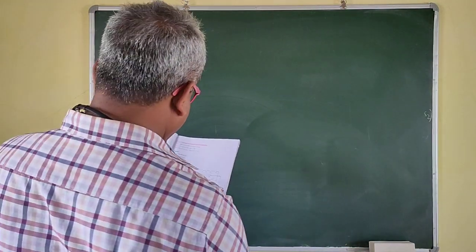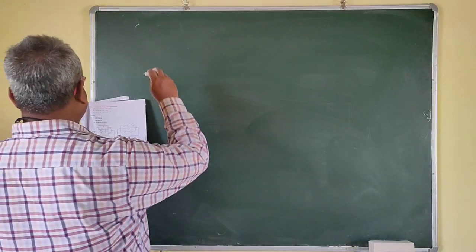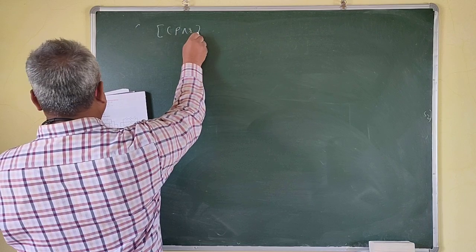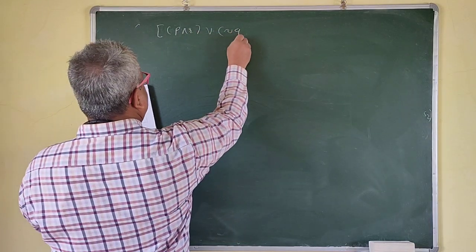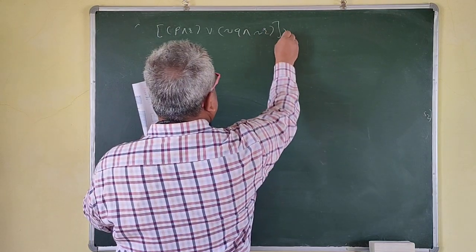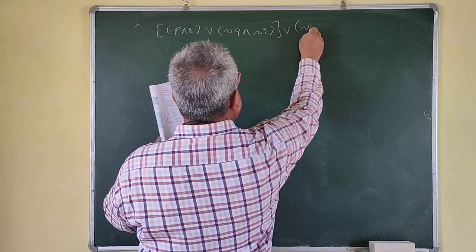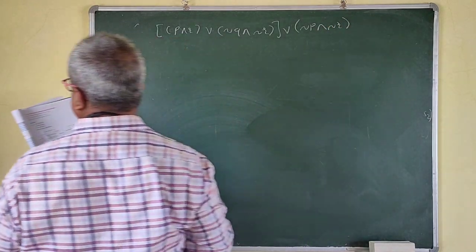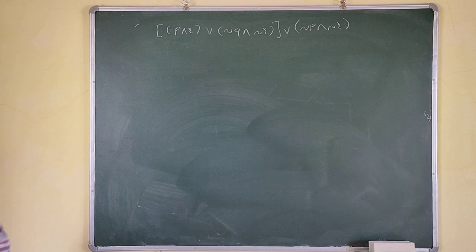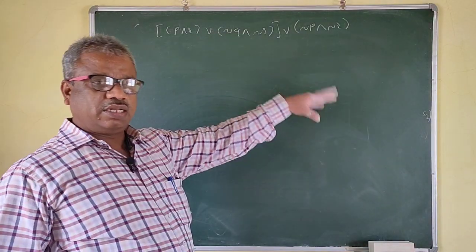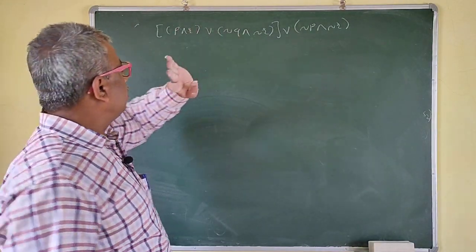Next type of problem: negation R or negation P and negation R. This is your symbolic representation, and you have to draw the circuit diagram for it.